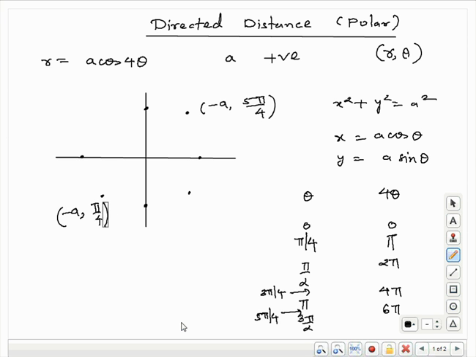Then after 5 pi by 4, are we going to have any other point where cos is minus 1? How about 7 pi by 4? How much is cos 7 pi? 9 pi by 4 has crossed 2 pi. We are discussing from 0 to 2 pi. How about 7 pi by 4?